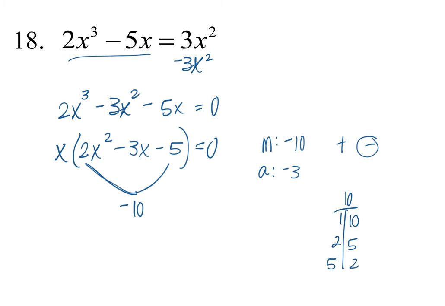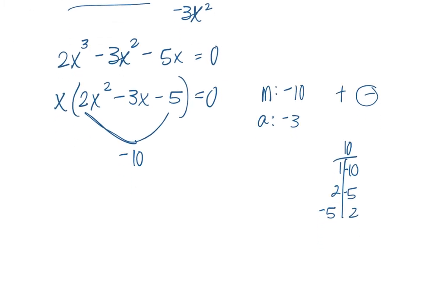We said the largest number will be negative. So does anything add to give us negative 3? Yes, 2 and negative 5, or negative 5 and 2, whichever way you want to think about it. So let's rewrite that negative 3x as plus 2x minus 5x minus 5.